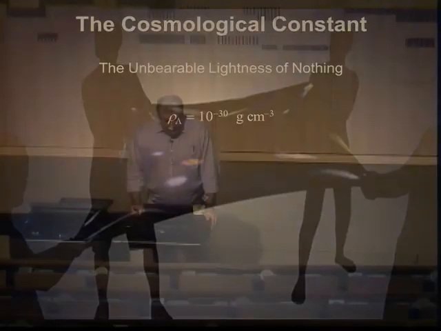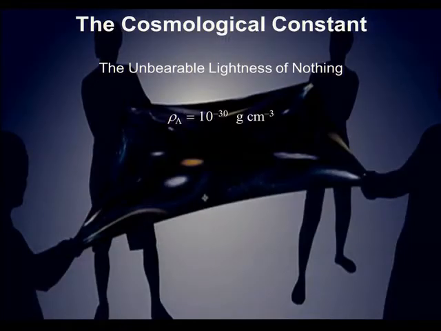So let's explore what's wrong with having a cosmological constant of 10 to the minus 30 grams per cubic centimeter.